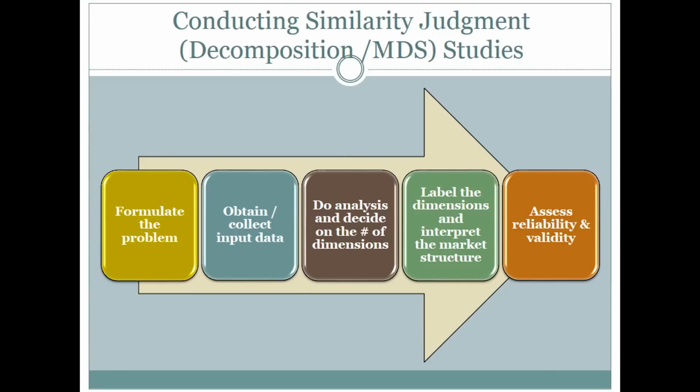So all of this starts with the whole idea of you formulate a problem, obtain the data, do the analysis, then in the similarity process, you have to interpret the structure. In the similarity process, you don't have the data that tells you what the dimensions are, right? I'm starting with dimensions of, say, decay or whitens teeth in the attribute rating method. In the similarity method, I don't know that, so I'm going to use statistical analysis to plot those things out and see what's proximate.